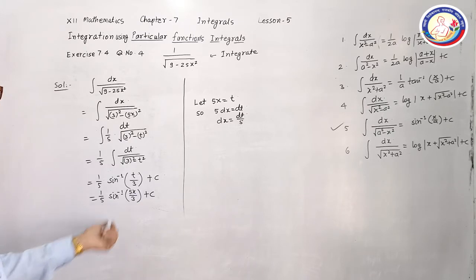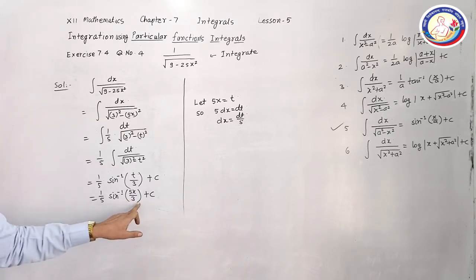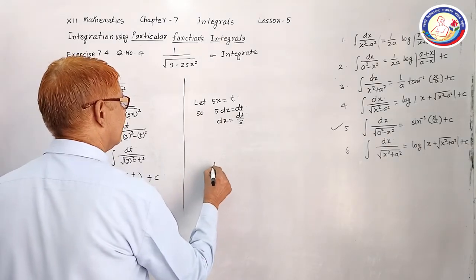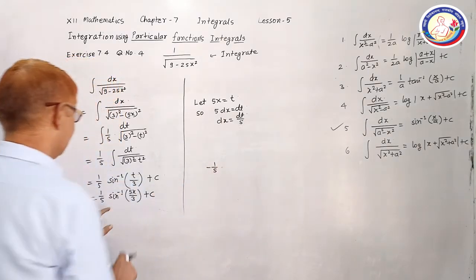And we can verify by finding the derivative of this also. We will get this integrand here. If we get this, our answer is correct. You can check: 1 upon 5 with the minus sign.